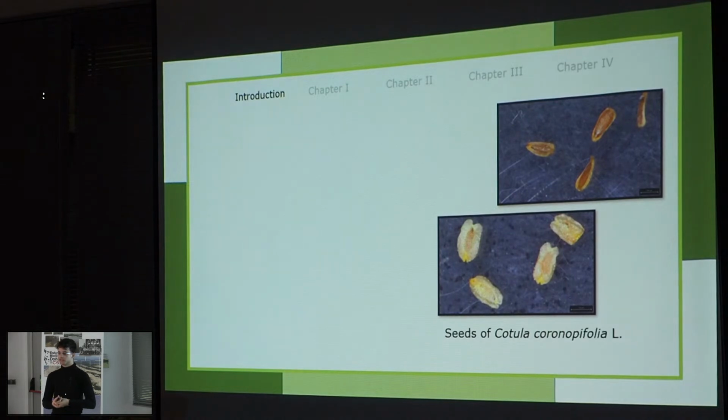If we search for that kind of information in flowering databases such as BiolFlor, and we look for one of these species, Cotula coronopifolia, we can see that the associated syndrome is anemochory, probably based on the wings that some of their seeds have. I mean, these syndromes are based on morphological traits only.